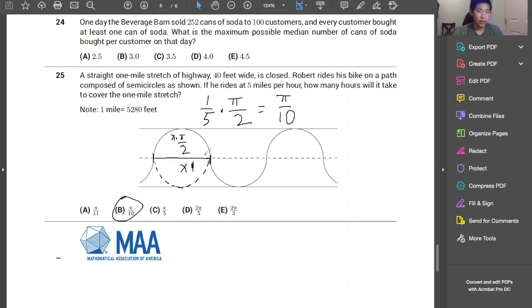So the time it takes will also be multiplied by pi over 2. And we take our pi over 2, multiply by the normal time, 1/5 of an hour, and we get pi over 10. So we've basically taken the normal time and multiplied by sort of a factor to account for how inefficient these semicircles are.